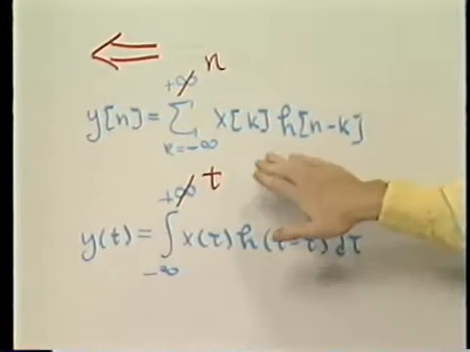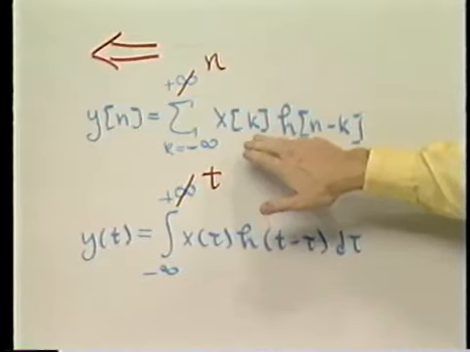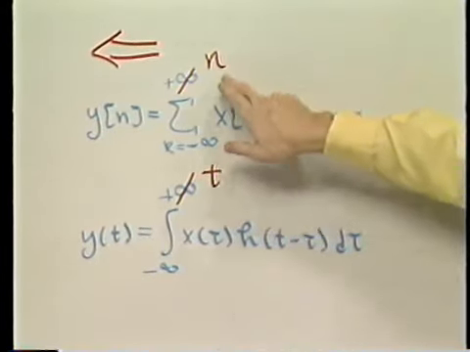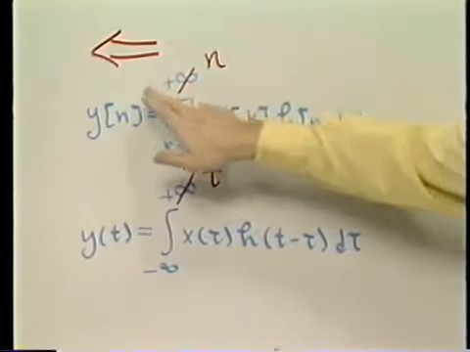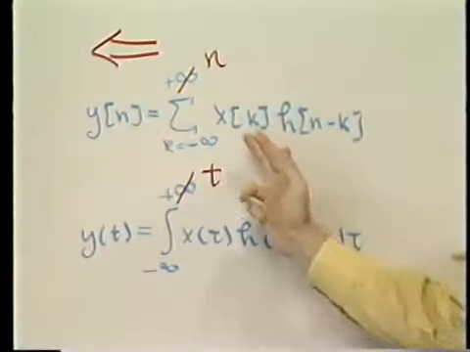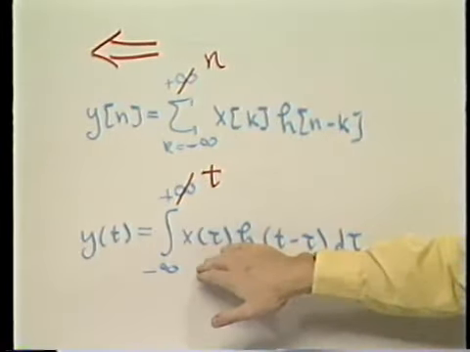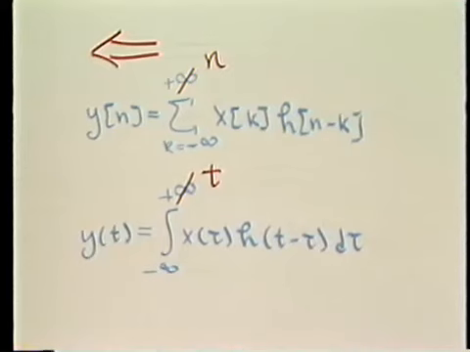And that, in effect, says that values of the input only from minus infinity up to time n are used in computing y of n, and a similar kind of result for the continuous time case y of t.